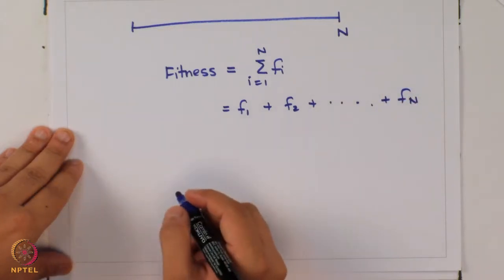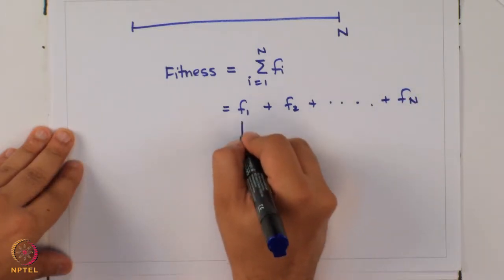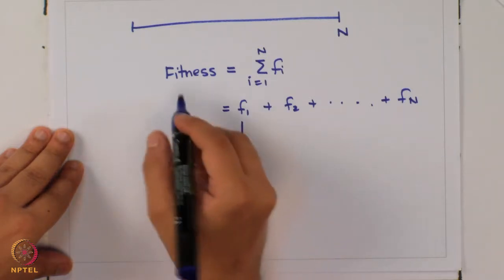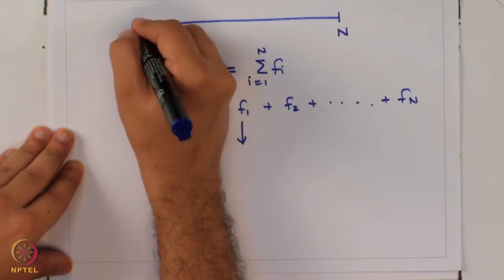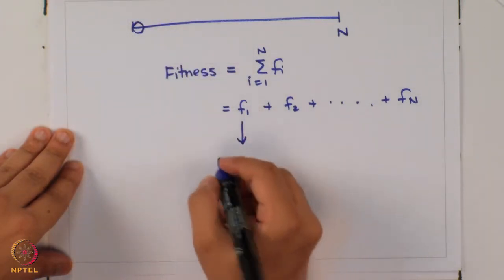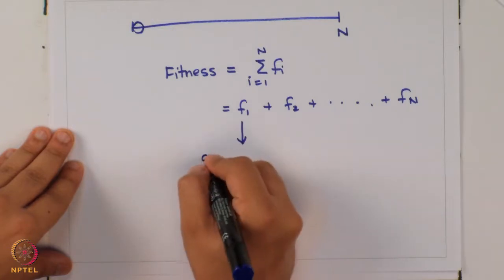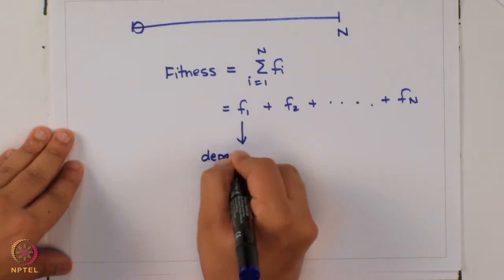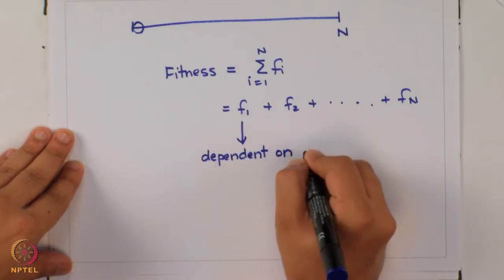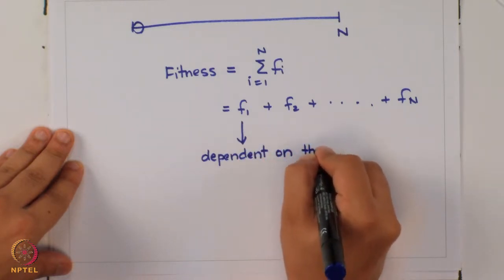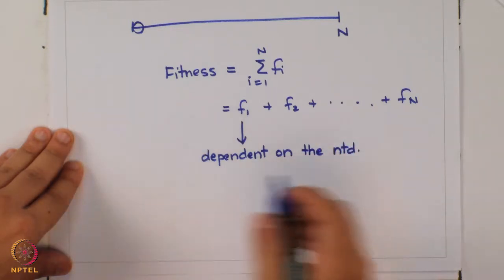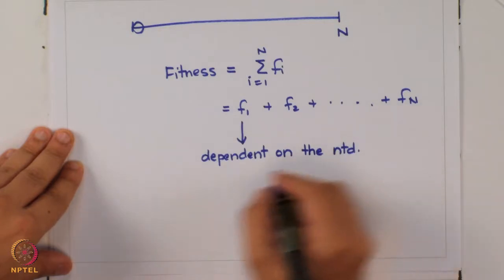What the tunable parameter K represents is that the relative contribution to the total fitness that comes from the first nucleotide is called F1, and F1 will obviously be dependent on the nucleotide, I'll call this a nucleotide even though we are dealing with binary sequences, 0 or 1.